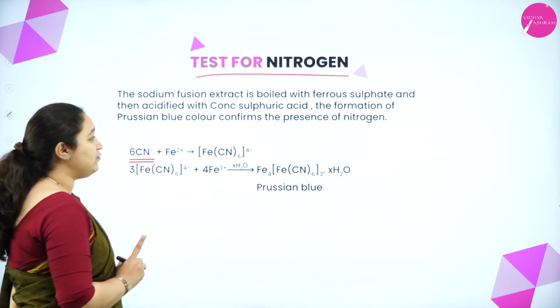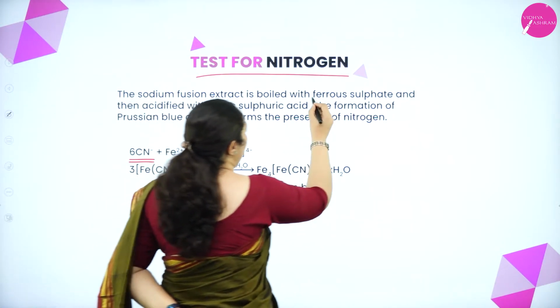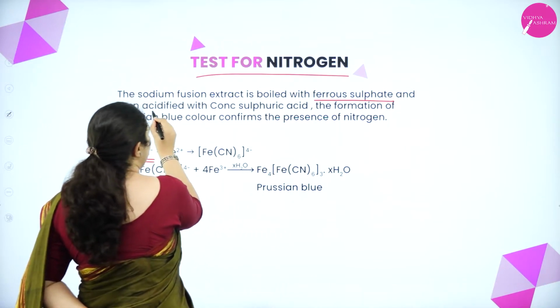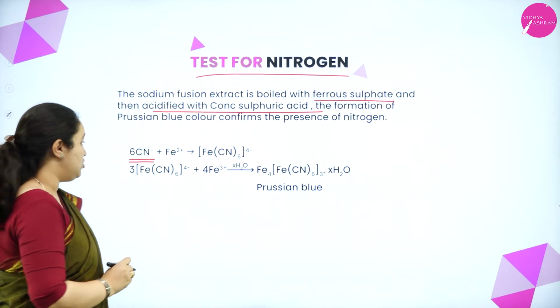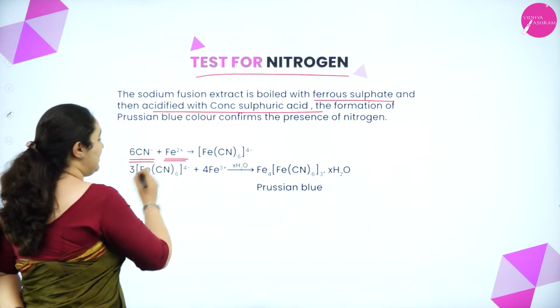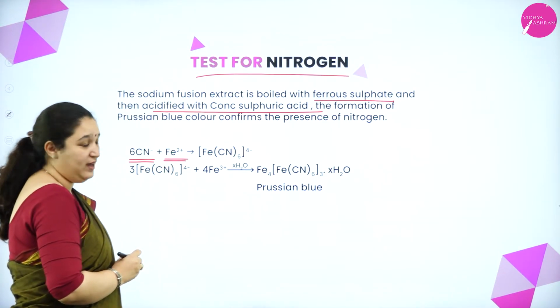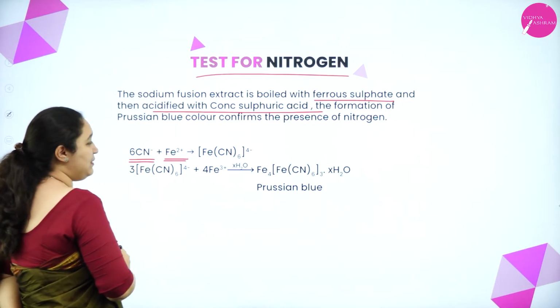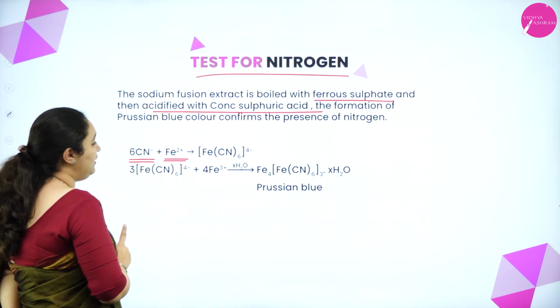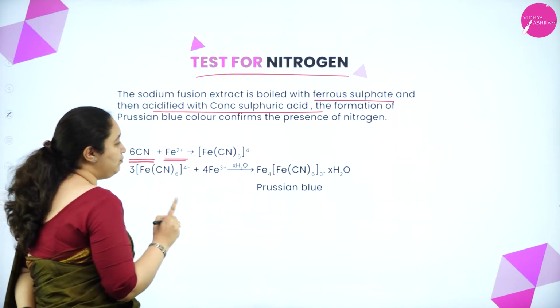To this sodium fusion extract, we add ferrous sulfate and then acidify with concentrated sulfuric acid. So what you're adding is ferrous sulfate, FeSO4, which contains Fe2+ ions, and you will get a Prussian blue color.